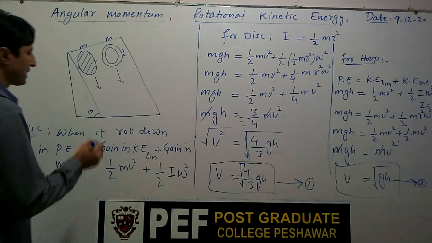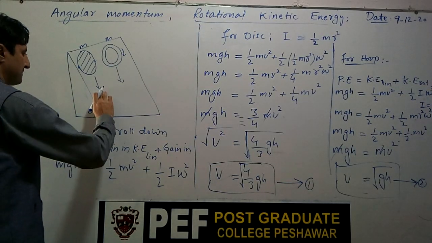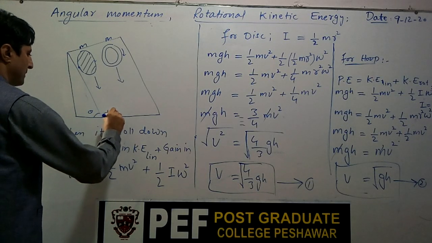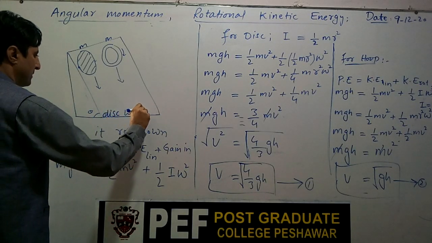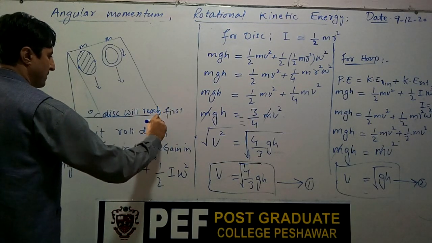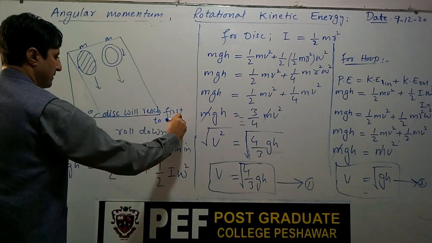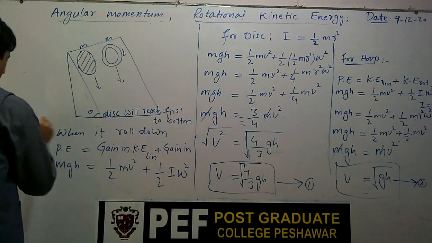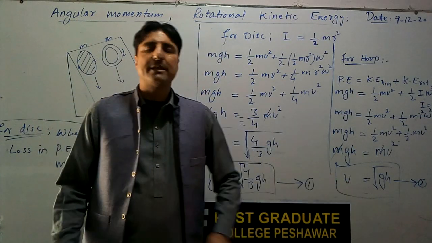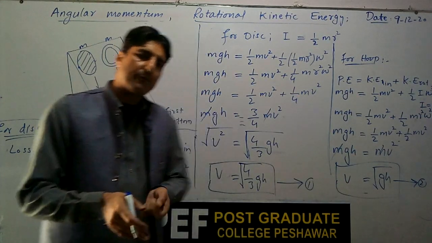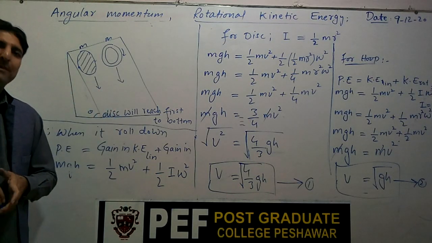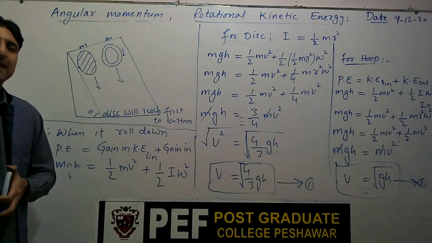So the disk will reach the bottom first. You can see from these two equations that the disk will reach the bottom of the inclined plane first. Because of what? Because of its moment of inertia.